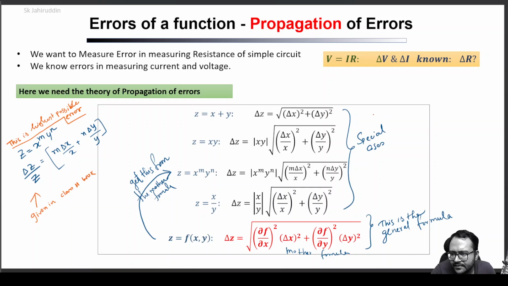And these are expected error, used more frequently by physicists.